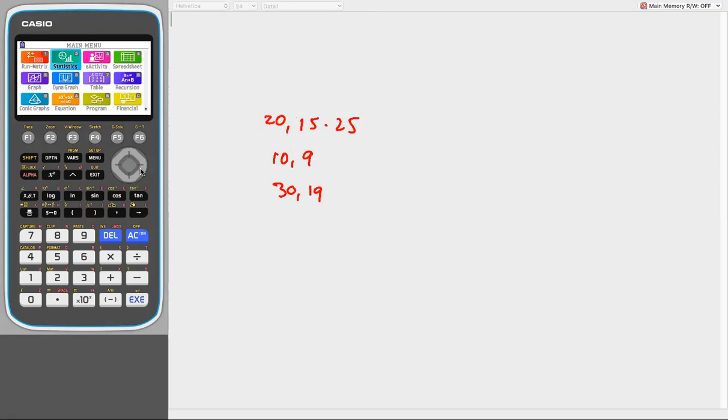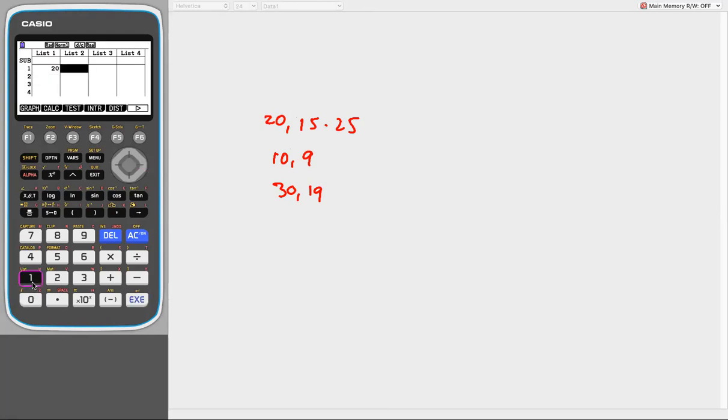If you put it under statistics, you get x is 20 and the corresponding y is 15.25. Then x is 10 and y is 9. And when x is 30, y is 19.